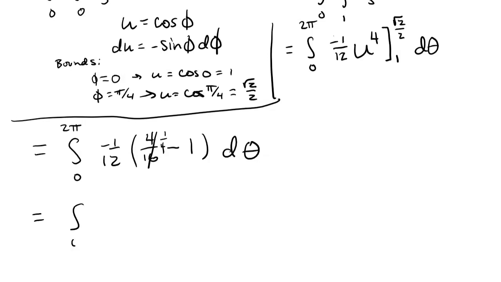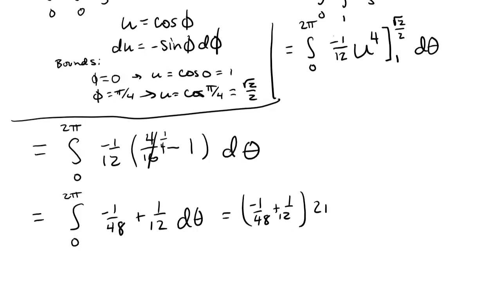So we're going to end up with the integral 0 to 2 pi. We'll have a negative 1 over 48 plus a 12th. When we evaluate that, we'll end up with negative 1 over 48 plus a 12th, all times 2 pi. So we'll end up with negative 1 over 24 plus a 6th times pi.